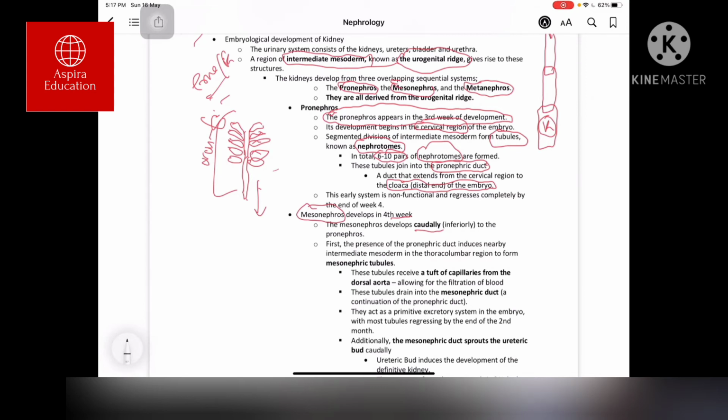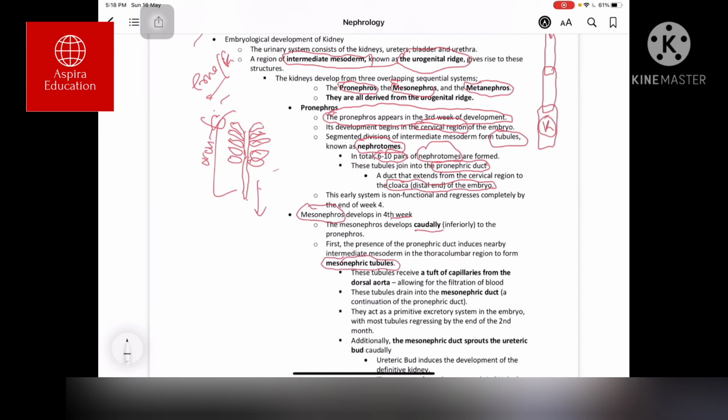Unless the pronephros is formed, the mesonephros will never form, because this pronephric duct is the origin which gives rise to the newer tubule formation in the thoracolumbar region. So this was formed in the cervical region. It induces the intermediate mesoderm in the thoracolumbar region to produce the next generation, the version 2 of the nephrotomes. These are known as mesonephric tubules.